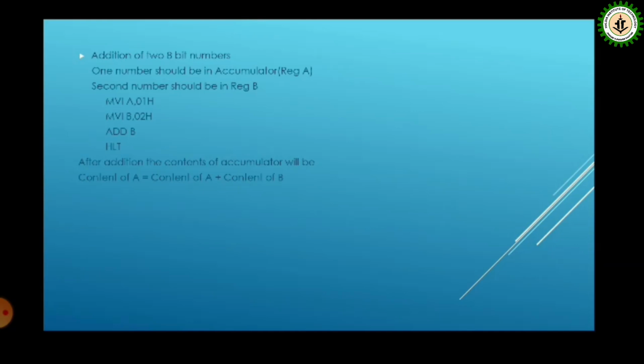That is, the new content of the accumulator will be the old content of the accumulator plus the content of register B. So that is ADD B. One number should be in accumulator register A, and the second number in register B. So: MVI A 01H, MVI B 02H, ADD B, HLT.